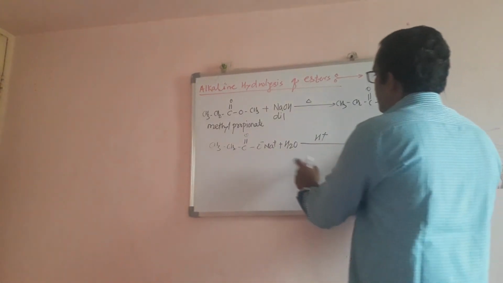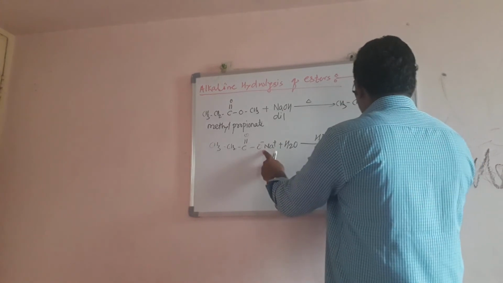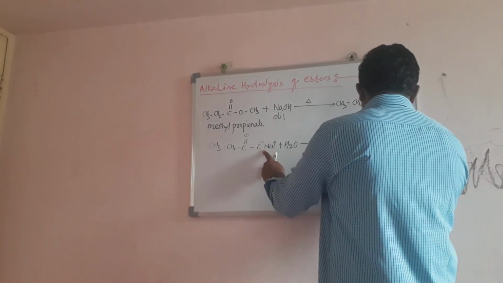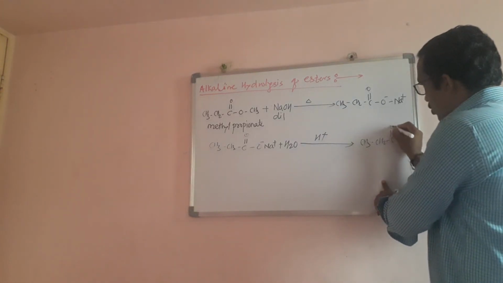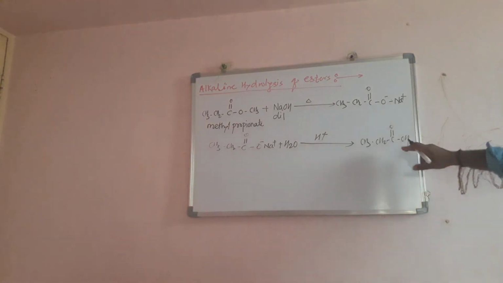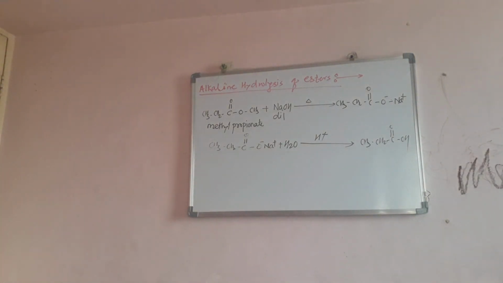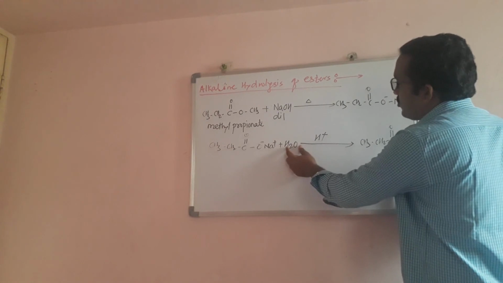The Na is given out and only the hydrogen is added here to form CH3CH2C double bond O OH, which gives the corresponding carboxylic acid, and this carboxylic acid is propionic acid. The remaining is the Na.